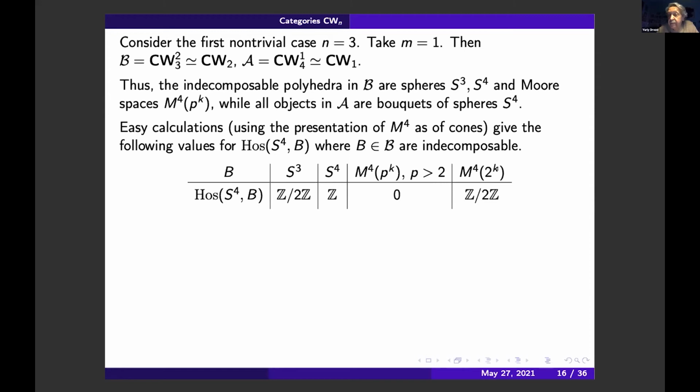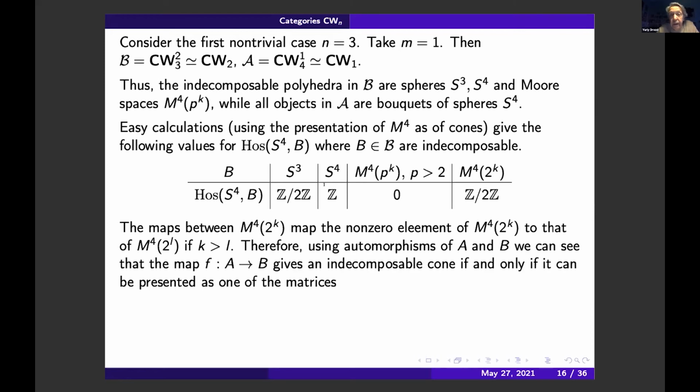And for even degree, it is again a cyclic group of order 2. The maps between these spaces map the non-zero element of M4 to K to the non-zero element of M4 to L if K is bigger than L.